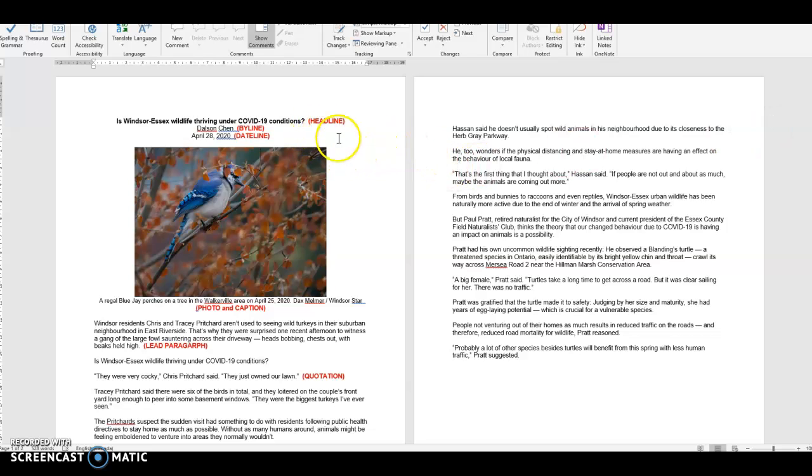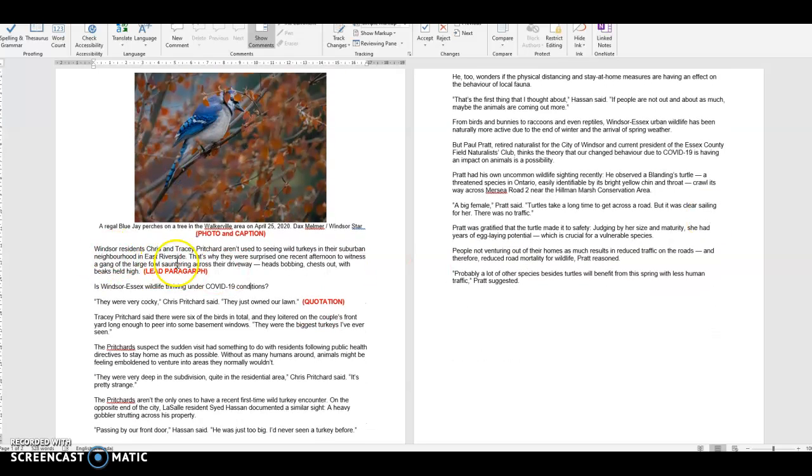I've gone in, and in red, I've documented the different parts of the news report. You start with a headline, you have a byline, which is the author's name, you have a dateline, which is the date that it was published, you have a photo and a caption explaining that photo, and you have a lead paragraph, which tries to establish the most important information right away.